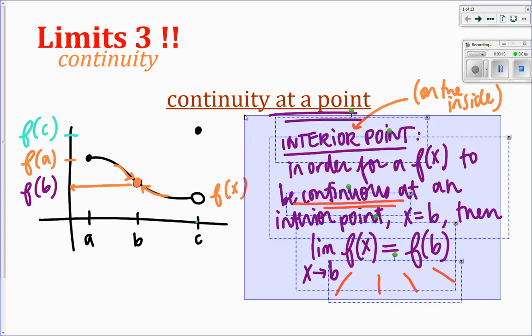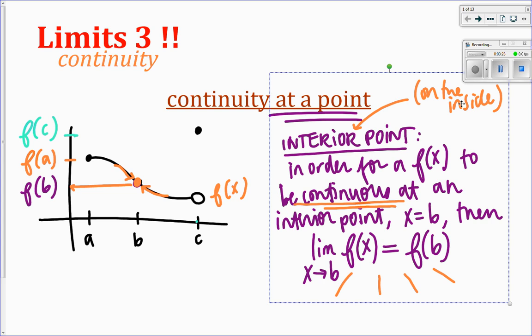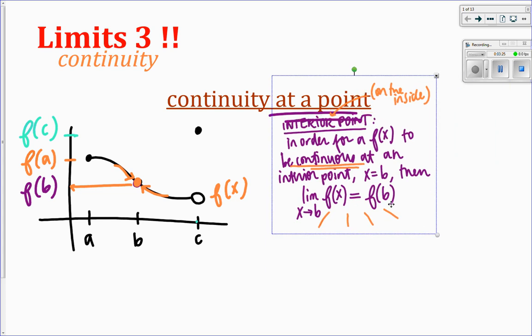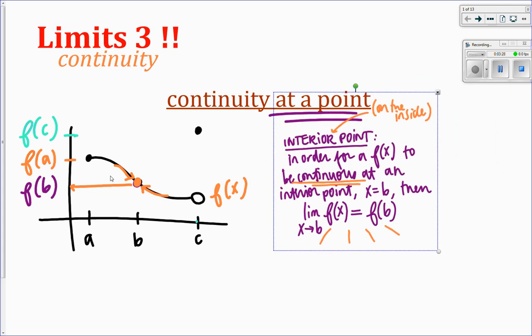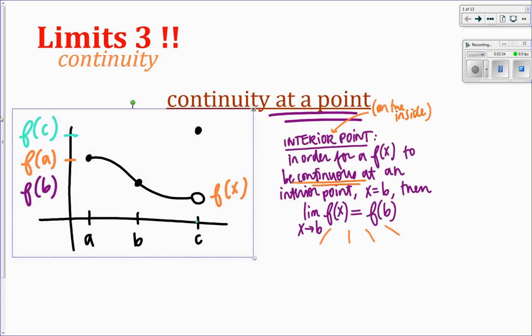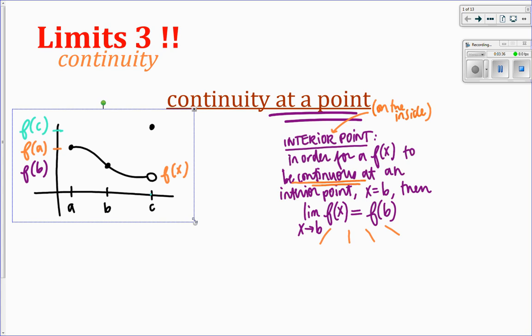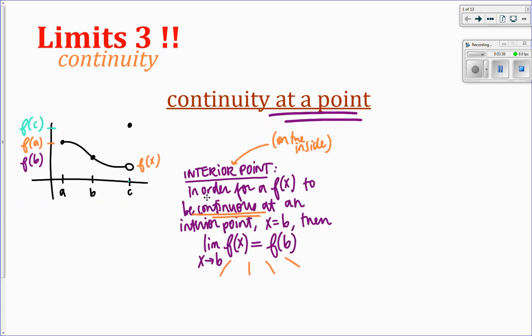Let me show you what it would look like to not be continuous at an interior point. I'm going to draw a couple little pictures, and I'm going to take away the orange and the purple here. I'm going to keep this, make sure it's all together, and make it smaller. So we all see, hopefully, that f is continuous at b, an interior point.